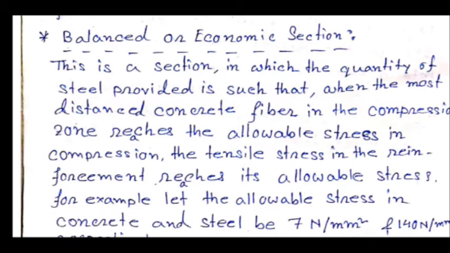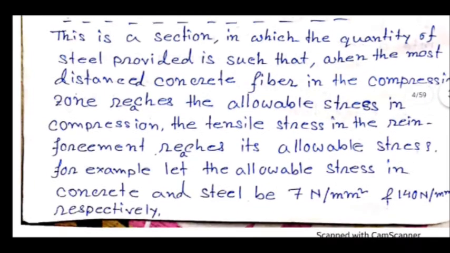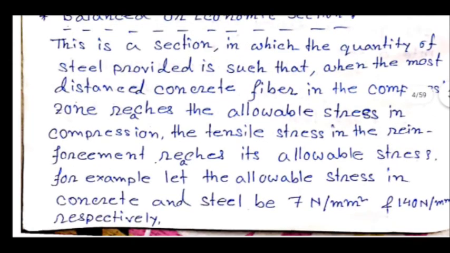This is a section in which the quantity of steel provided is such that when the most distant concrete fiber in the compression zone reaches the allowable stress in compression, the tensile stress in the reinforcement reaches its allowable stress. For example, let the allowable stress in concrete and steel be 7 Newton per millimeter square and 140 Newton per millimeter square.